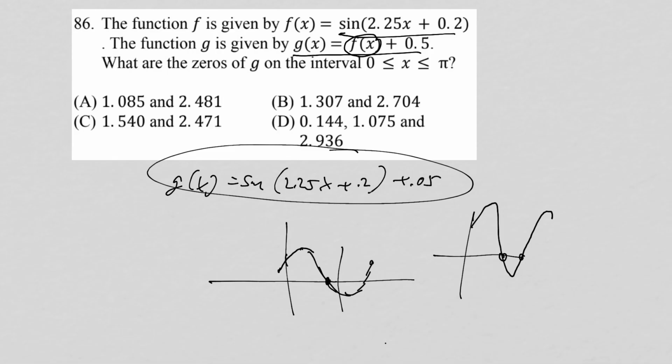And for this, I think if I go to trace, I could just kind of move around and see about 1.53 and about 2.4, which is choice C. So this is a graphing question. I don't know. They threw the 0.5 in there. They made this more confusing than it needs to be, but that's what they did.